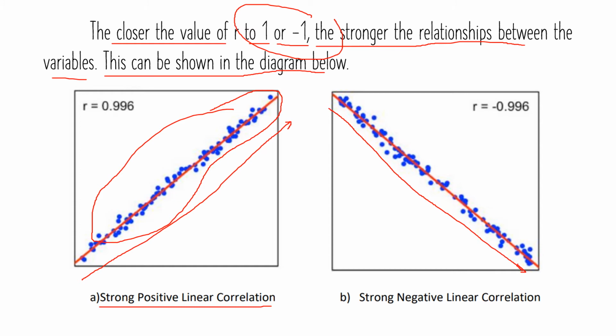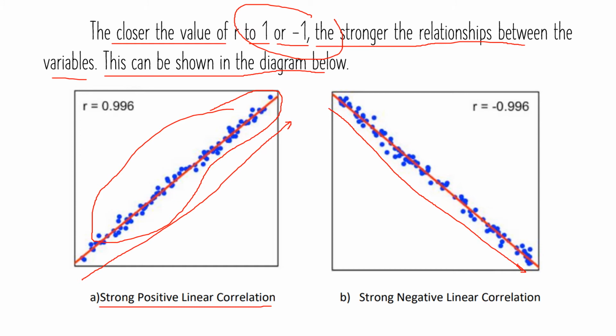If most of the points fall on the red line, and it follows a positive direction, where the line rises from left to right, that's a strong positive linear correlation.